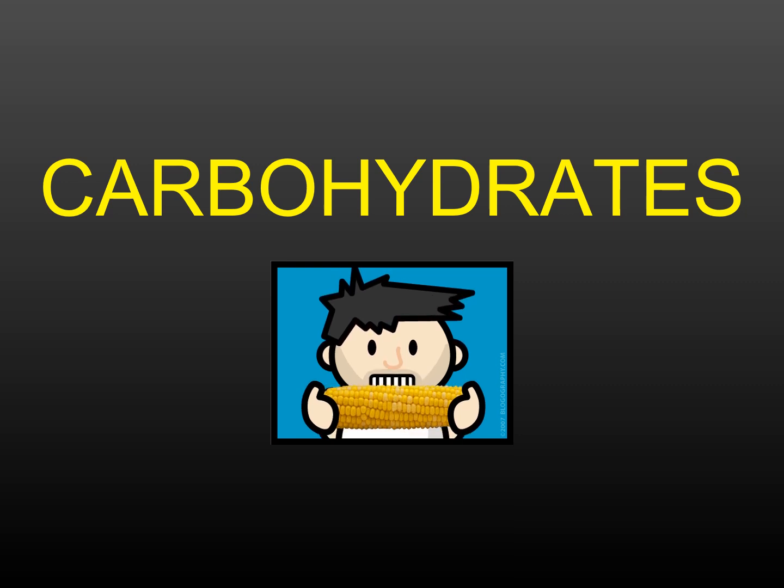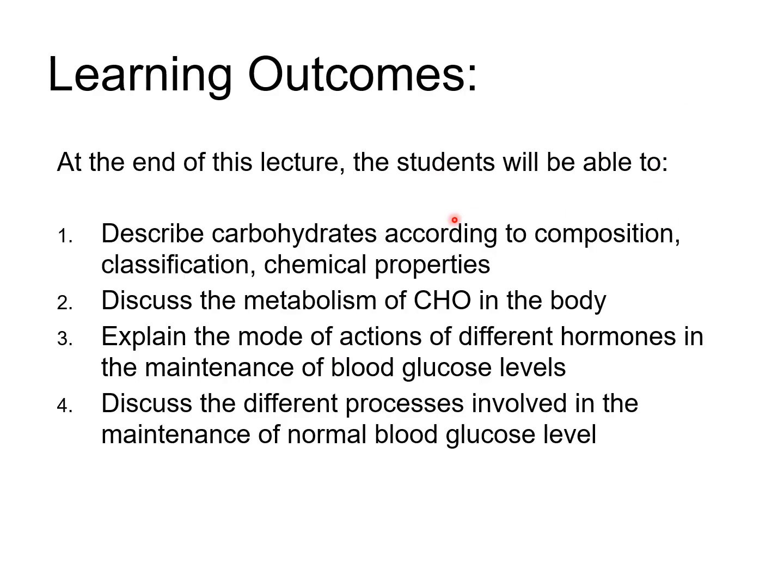So moving on, here are the learning outcomes for today's lecture. The students will be able to describe the carbohydrates according to composition, classification, and chemical properties, discuss the metabolism of carbohydrates in the body, explain the mode of actions of different hormones in the maintenance of blood glucose levels, and discuss the different processes involved in the maintenance of normal blood glucose level.